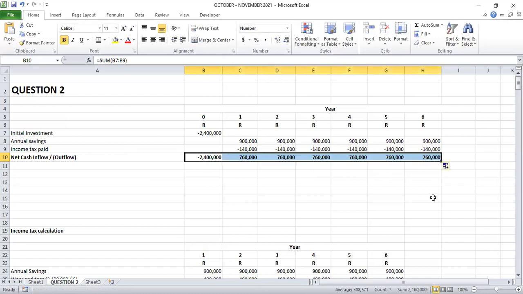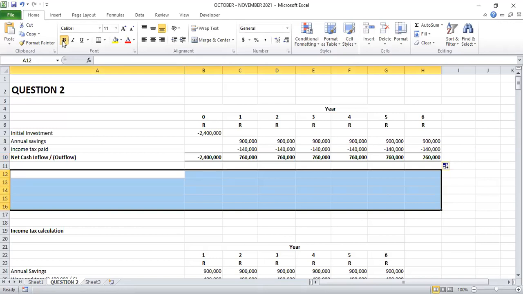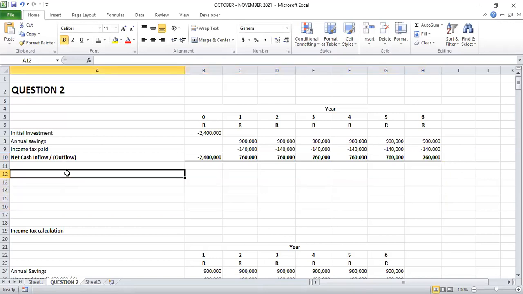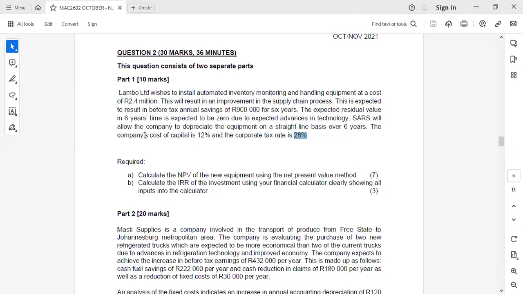Then we find our discount rate. We're told now that our discount rate, the cost of capital, is 12%. So we'll find our discount factor at 12%.